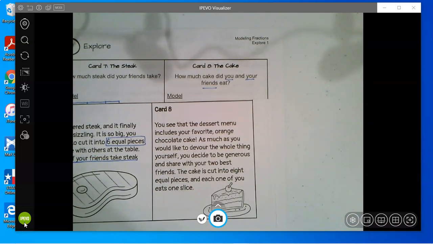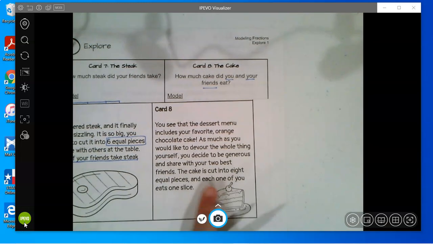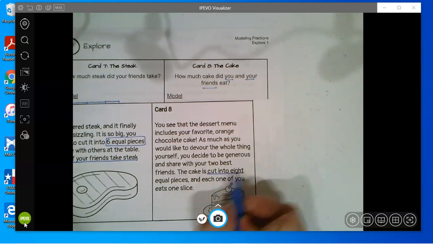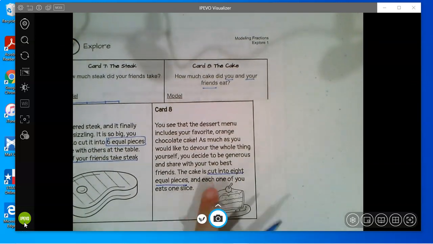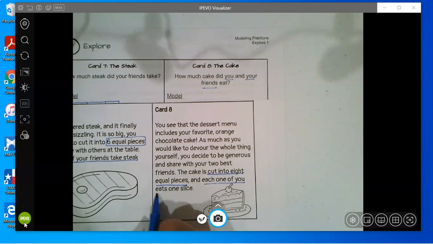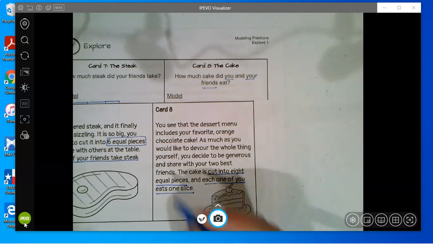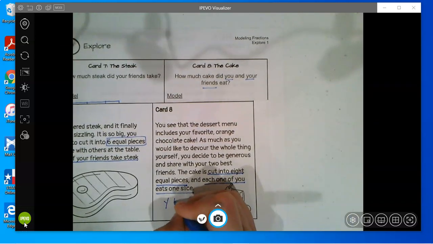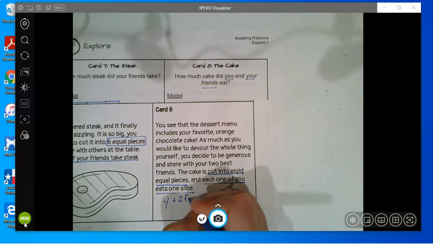As much as you would like to devour the whole thing, that means eat the whole thing, you decide to be generous and share with your 2 best friends. The cake is cut into 8 equal pieces, and each one of you eats a slice. So you eat a slice and your 2 friends.